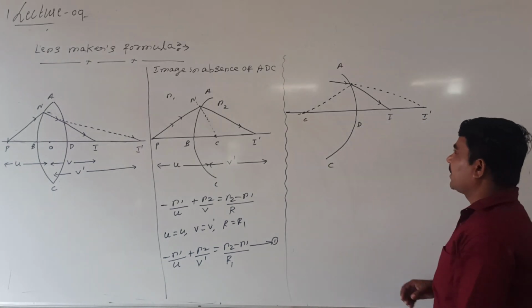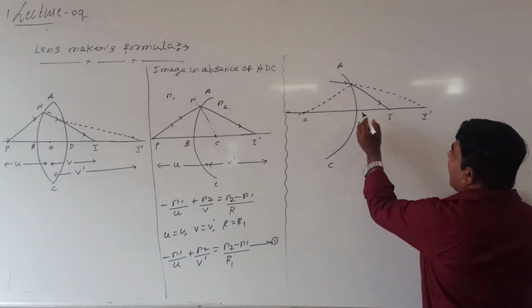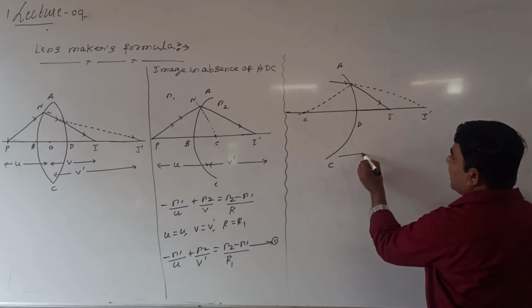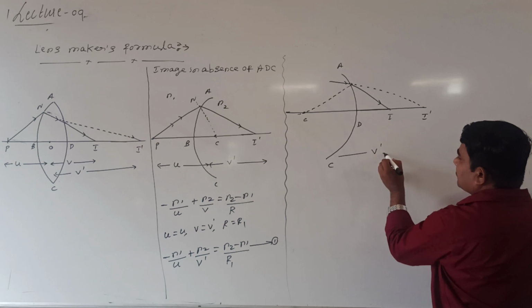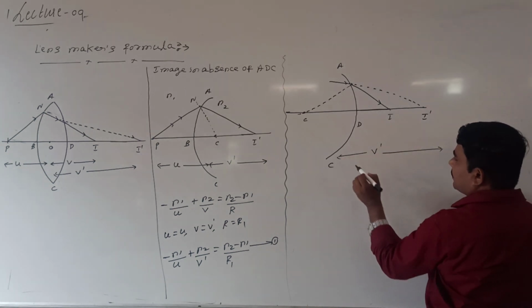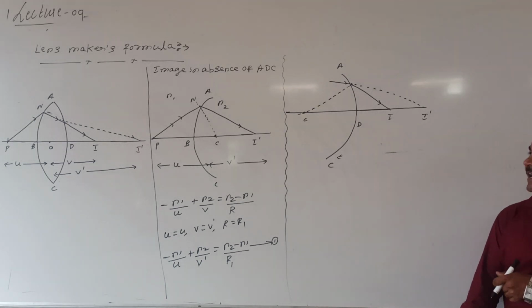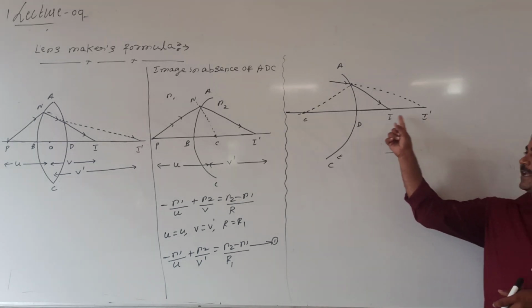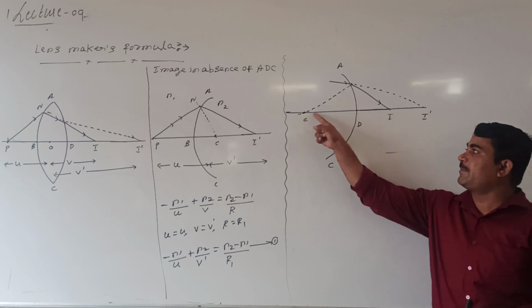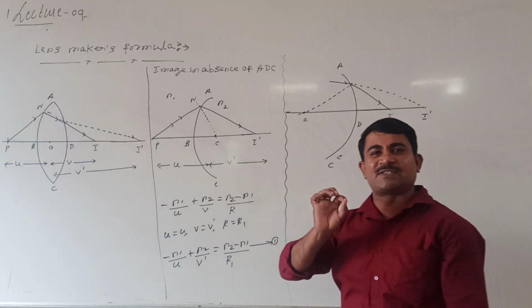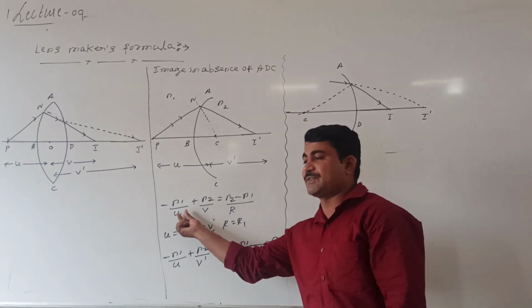In this case, what happened? I can take this to act as the object and this to act as the image. So this becomes the image like this. It is V dash. I mean here the image can be taken as the object distance, because if it looks like this, this becomes the object, this becomes the image. So for a concave spherical refracting surface we know the relation, simply the reverse of this.